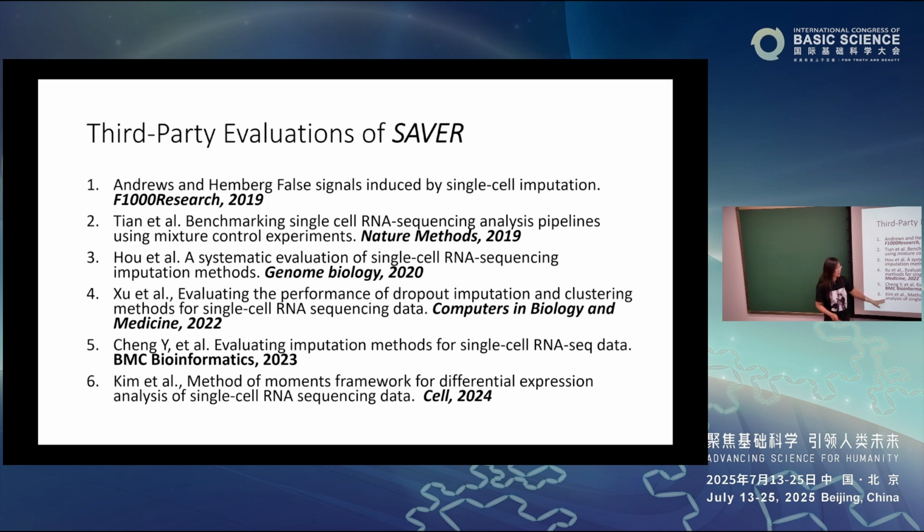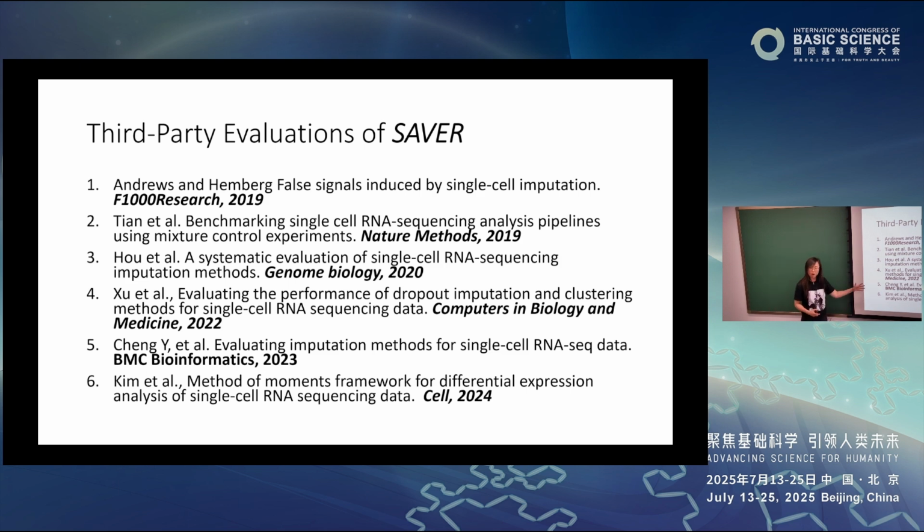The latest paper was this one, published in Cell last year, which does a sort of differential expression analysis for single cell data. They have also benchmarked SAVER 7 years since its publication, showing that it's one of the best methods in the field. So I'm not going to show you our own benchmarking.